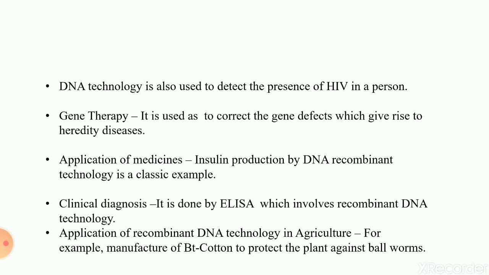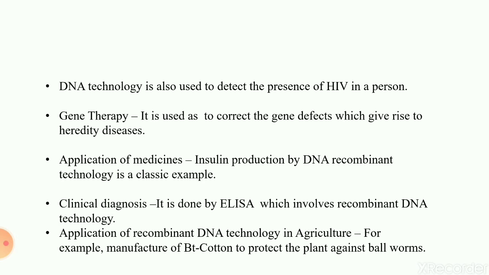Application in medicines: insulin production by recombinant DNA technology is a classic example. Recombinant DNA technology is also used in clinical diagnosis. ELISA is one of the examples which involves recombinant DNA technology.